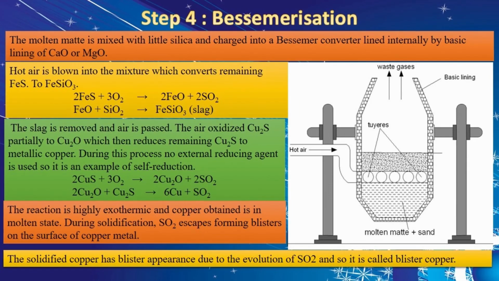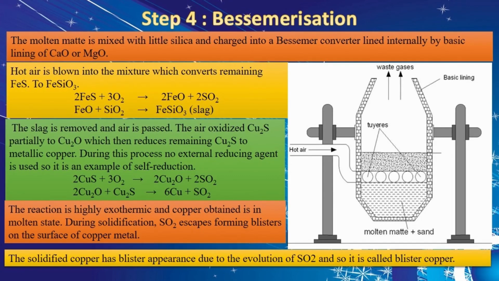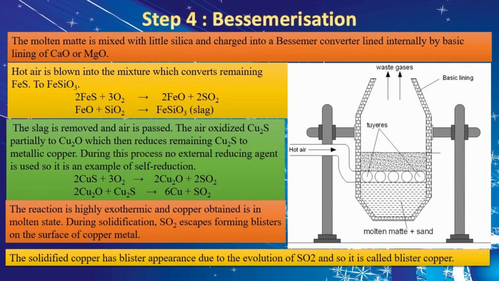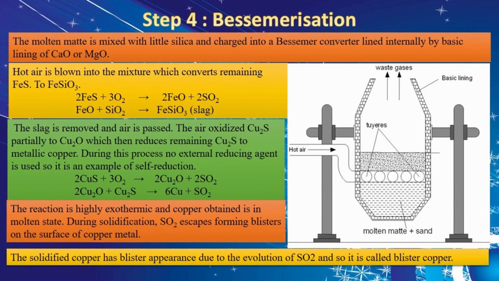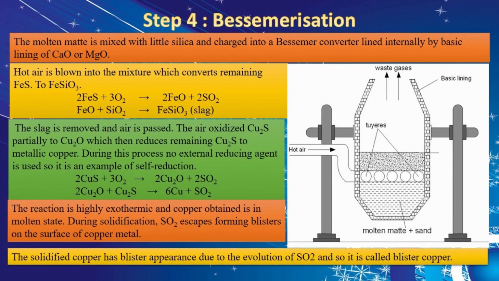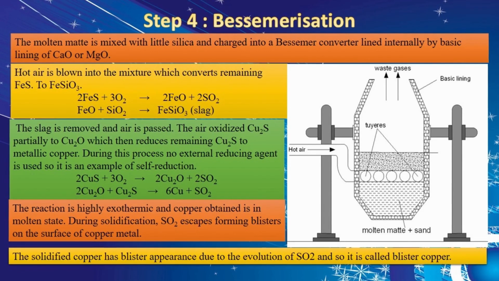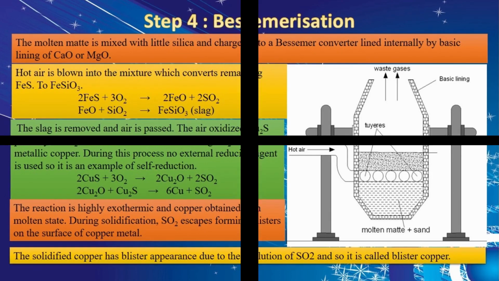When the molten copper solidifies, sulfur dioxide will be evolved, so it appears as blisters on the surface of the copper metal. Since the solidified copper has a blister appearance, it is called blister copper. In the examination point, what is blister copper is an often asked question.